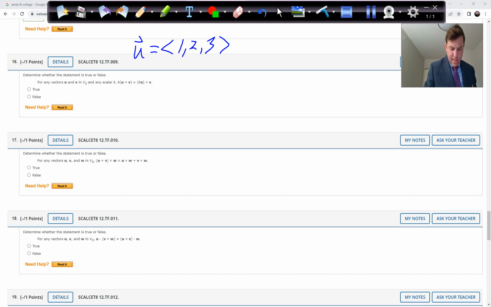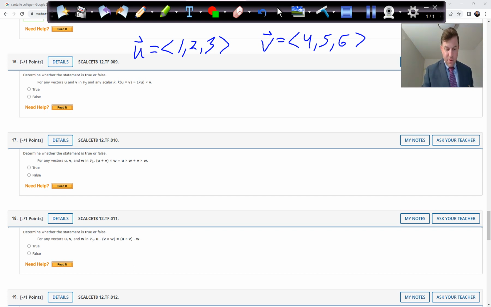And then I said, let's just make up a v, doesn't really matter. Well, it matters a little bit. You don't want to make these the same numbers or opposite by a minus sign. You want them to be different enough. So I think I made v 4, 5, 6. Notice the numbers are different between the two vectors, and you can't multiply u by any common number to get v, so they're different enough.